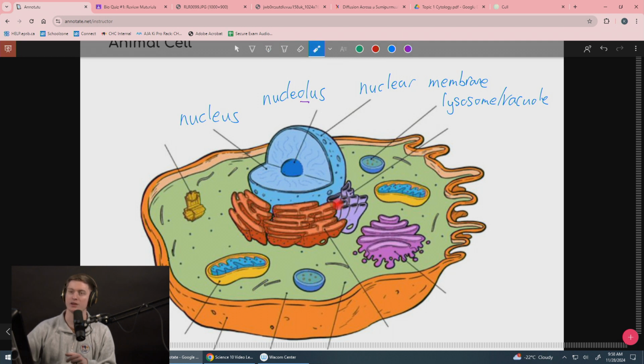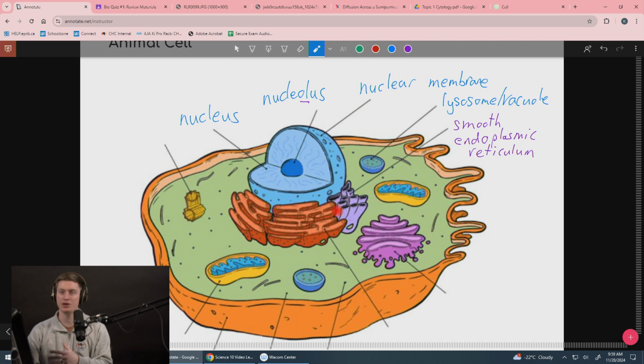Then, going clockwise again, this purple structure that's attached to the outside of the nucleus, this is the smooth endoplasmic reticulum.